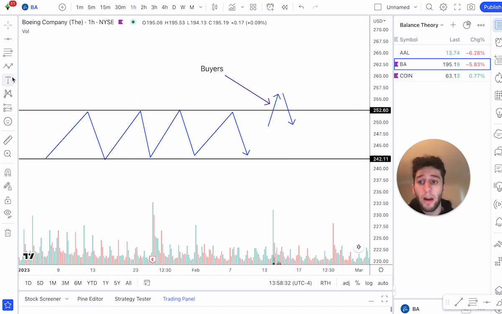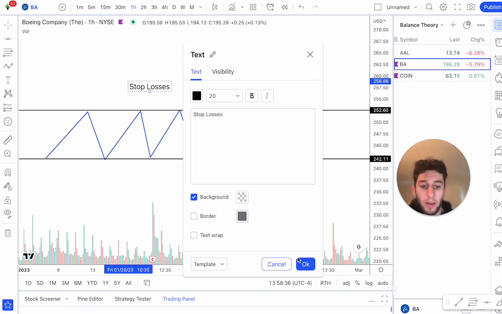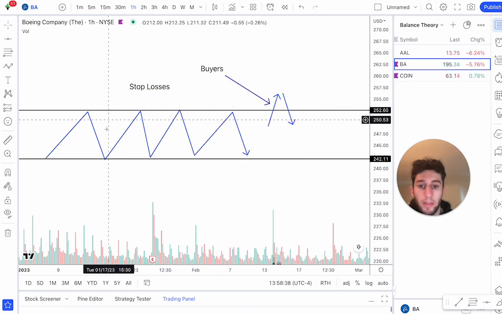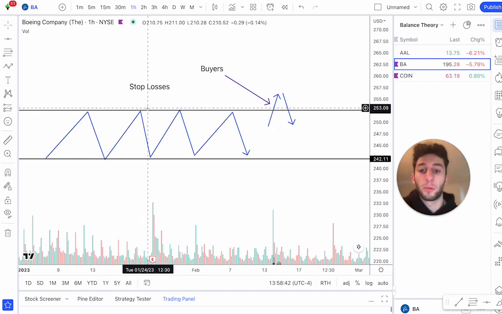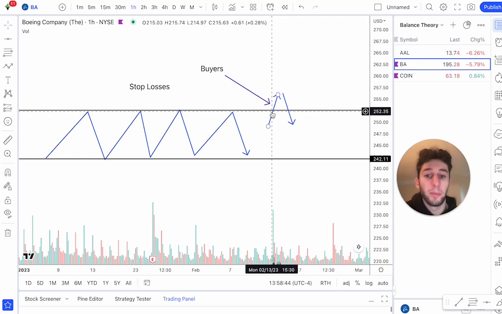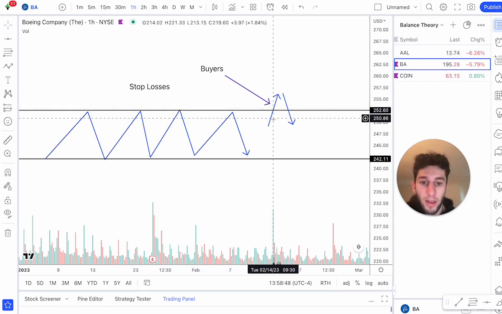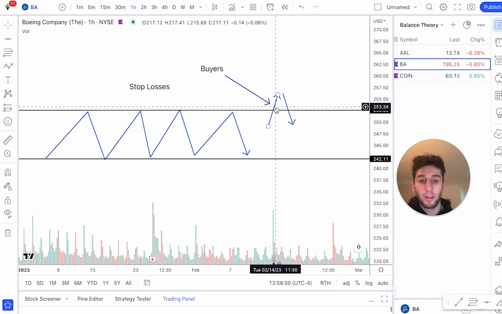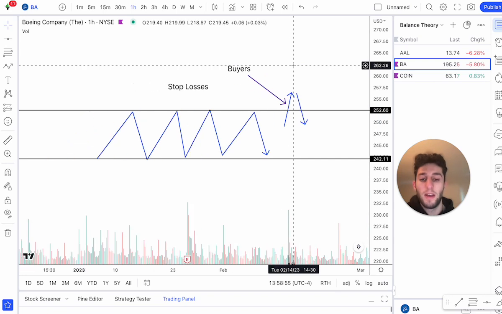You also have the stop losses of all the people who are short in this area; they have their stops right above these highs. When you have the combination of new buyers coming in and a bunch of stop losses up here, when price comes out, there's going to be a ton of buying. So we're going to see a very quick spike, a very quick move.